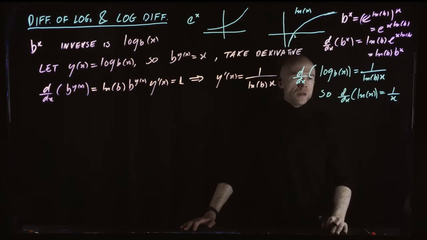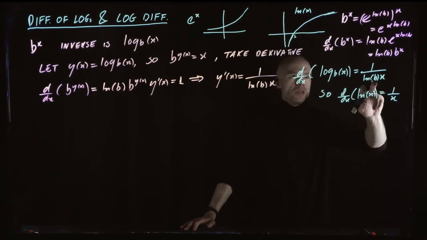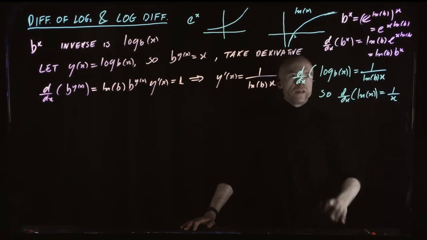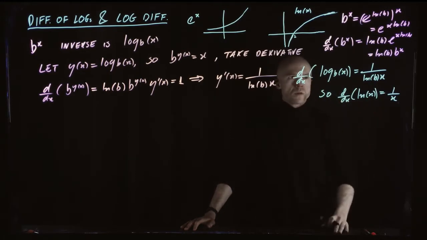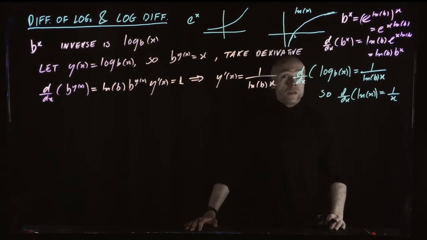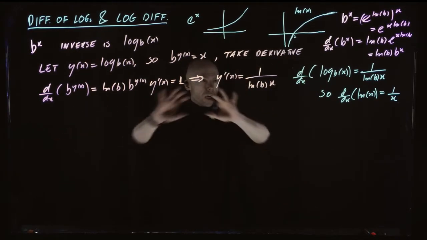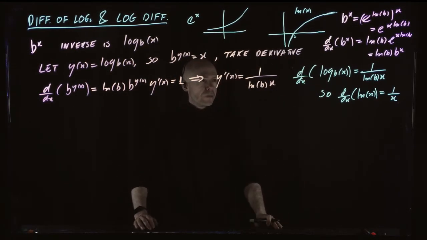Yeah? And when we stick in b equal to e, then log of e is 1, so we get back the formula just for log, which is what has to happen if this was correct. So this formula should seem quite natural, but again, don't try and memorize it. Just do this a couple times to make sure you can work it out, and then you'll have it.